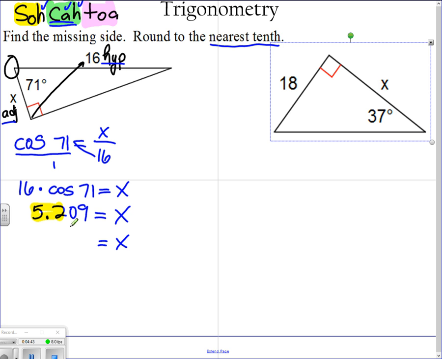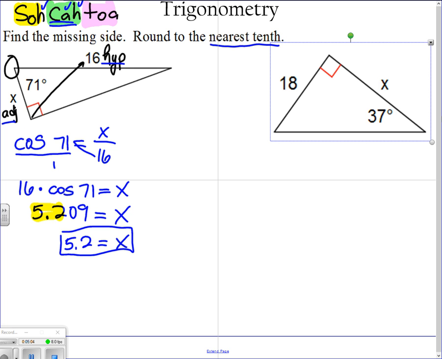If it's smaller than 5, it stays the same. So in this case, it is smaller, so the answer is 5.2. And that is the answer. So the key to this problem is if you can identify the sides, the hypotenuse, the opposite, and the adjacent, then you can do the problem.